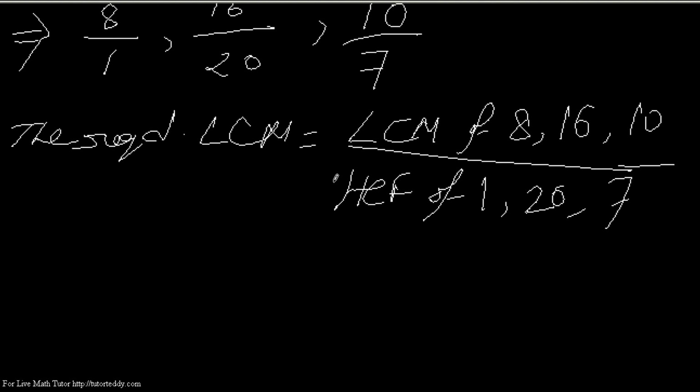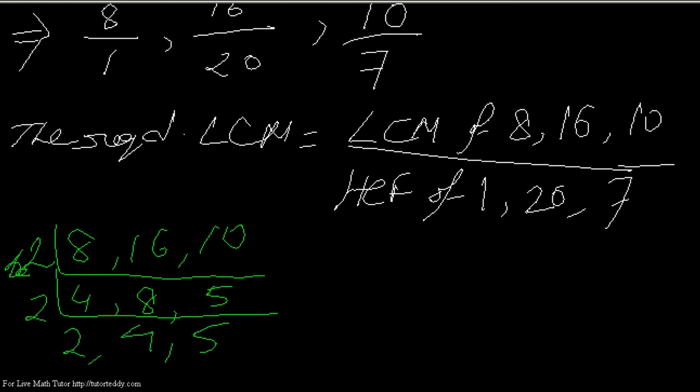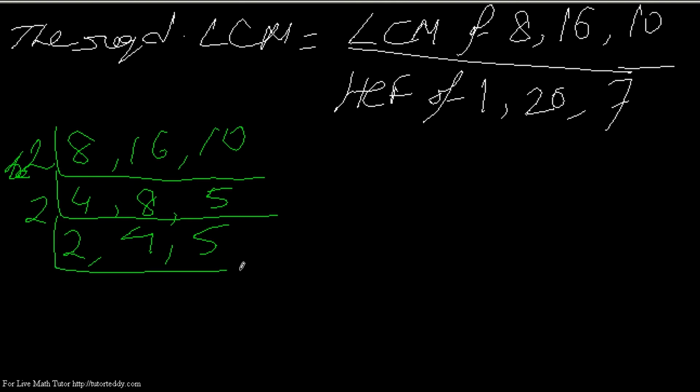So now I find the HCF and LCM. LCM of the numerators 8, 16 and 10. Go by 2: 4 2s are 8, 8 2s are 16, 5 2s are 10. Again by 2: 2 2s are 4, 4 2s are 8, 5 remains. Again by 2: 2 1s are 2, 2 2s are 4, and 5 remains.